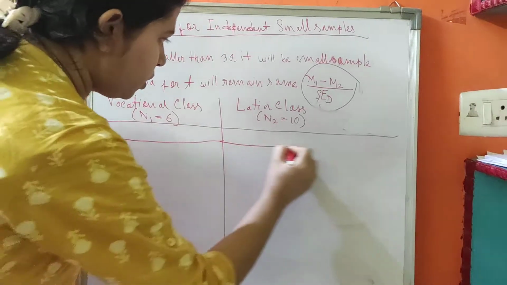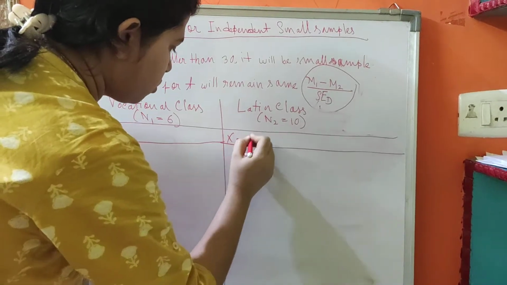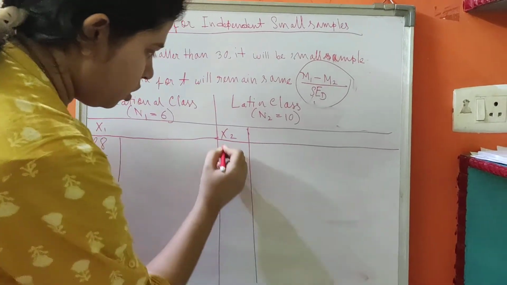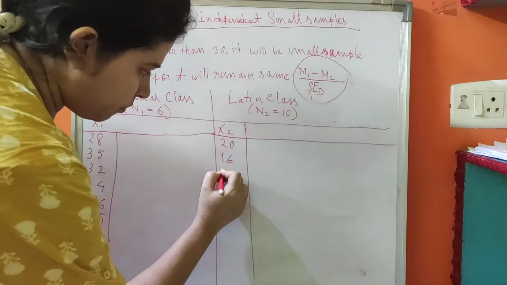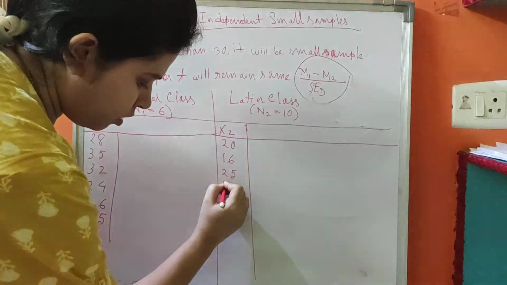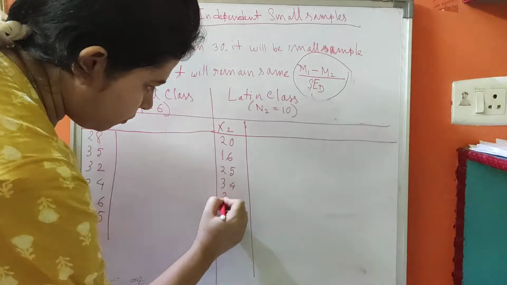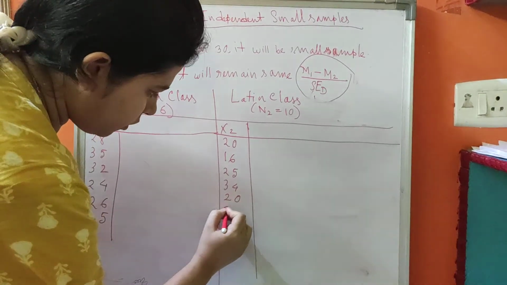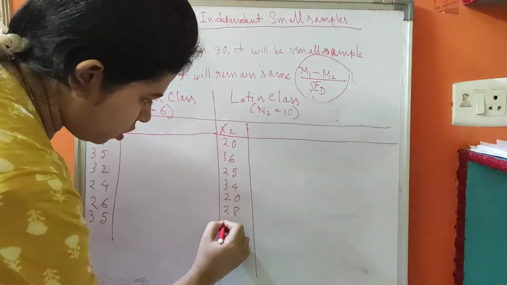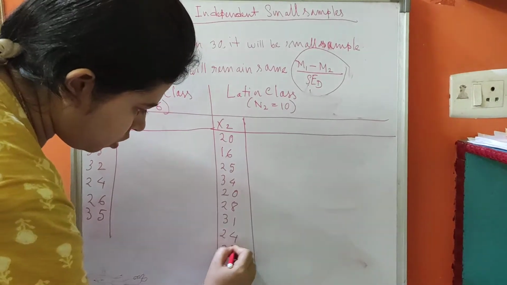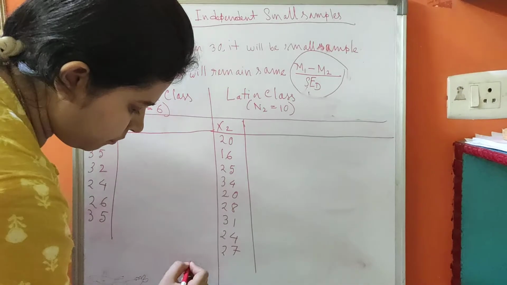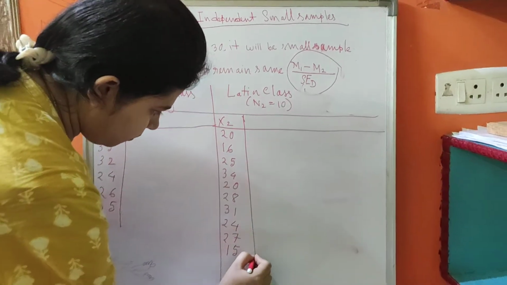Similarly here for X2 the scores are 20, 16, 25, 34, 20, 28, 31, 24, 27 and 15.